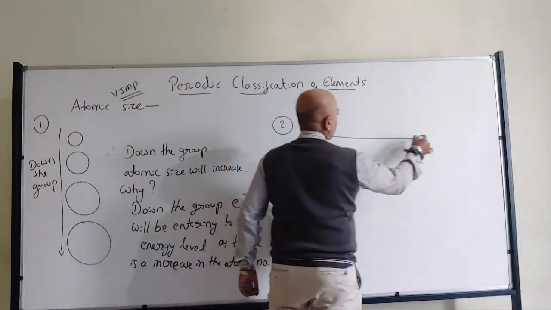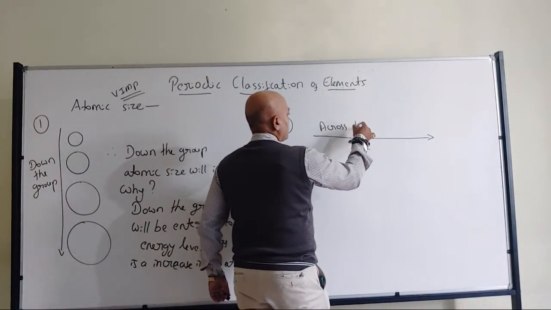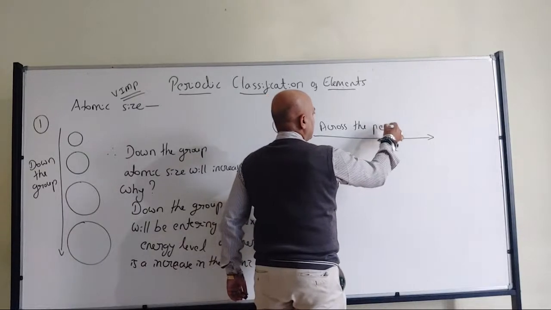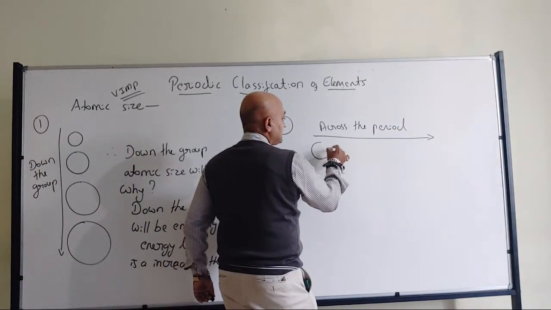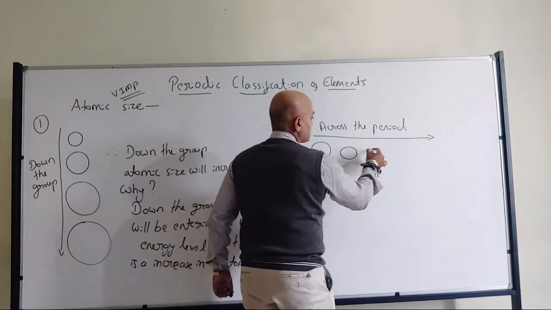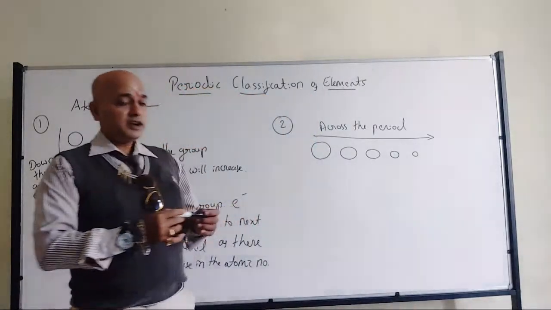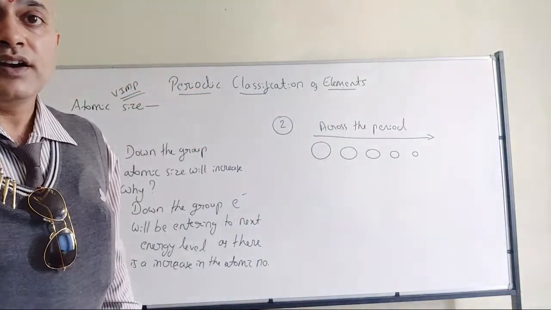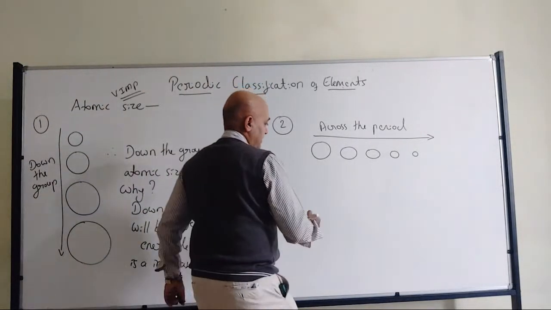Now, if I consider across the period, there is a decrease in the atomic size. That's what will happen across the period.